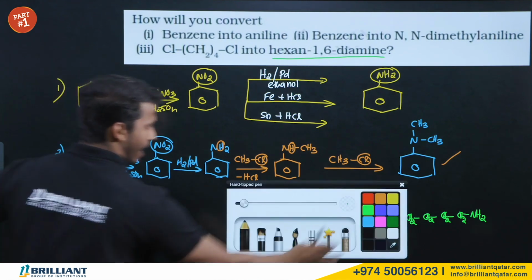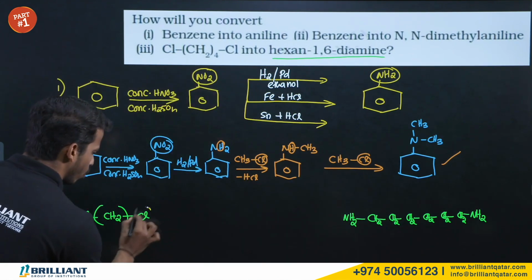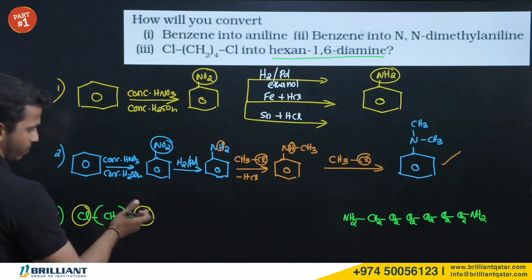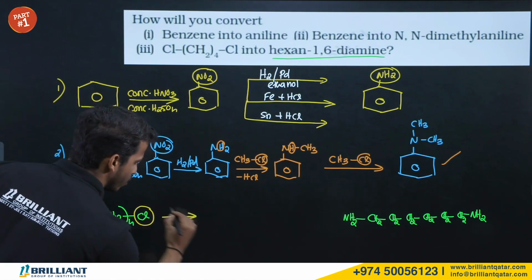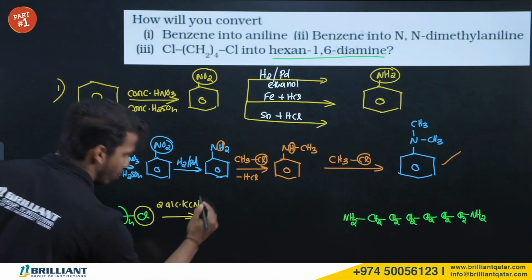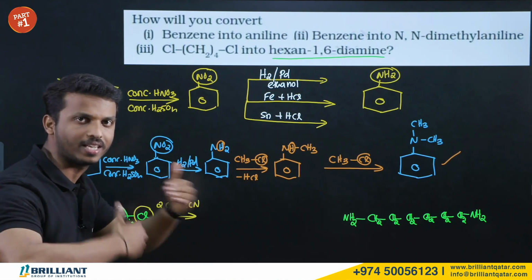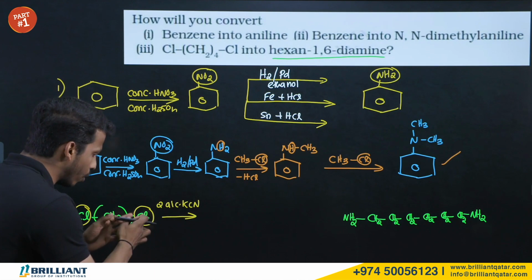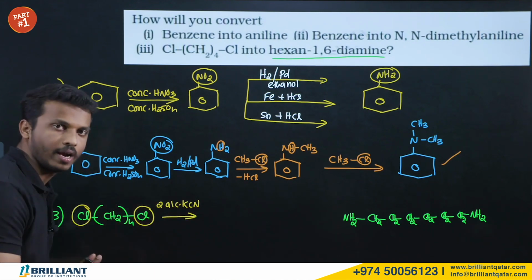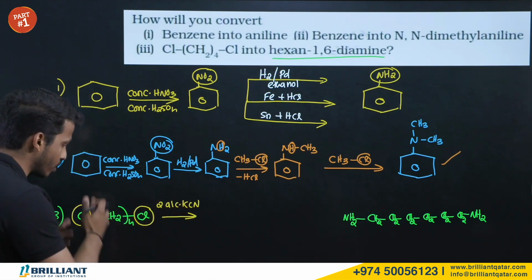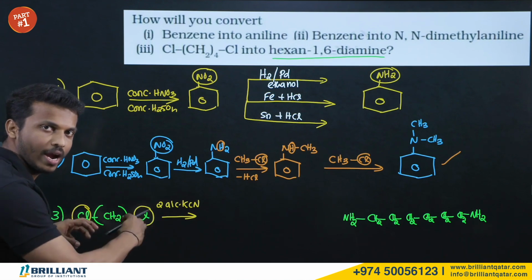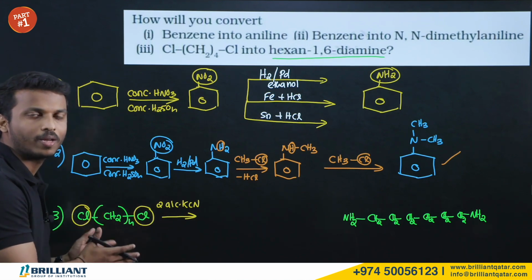Here we can see that there are 2 chlorines at the end, right. So we can add 2 alcoholic KCN. I told you step up method means we have to bring cyanide. So if you remove 1 chlorine, 1 cyanide can be added. For the remaining chlorine, 1 more cyanide.